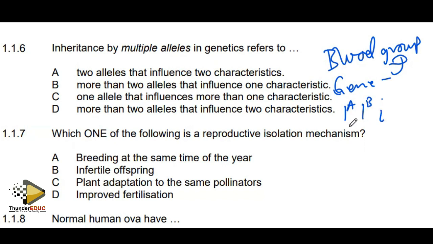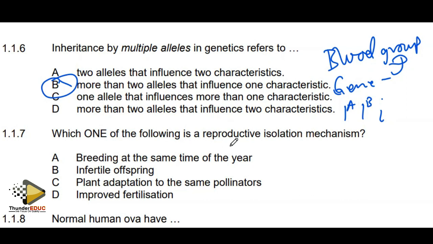So we have 3 alleles, and because there are 3, they are multiple. These multiple alleles influence 1 characteristic, which is blood group. That's why B is the most correct answer: more than 2 alleles that influence 1 characteristic.